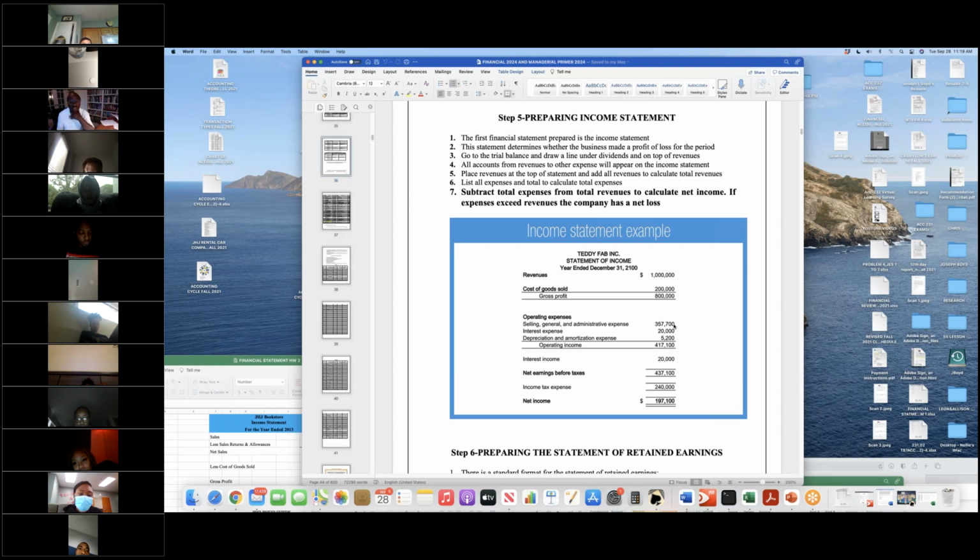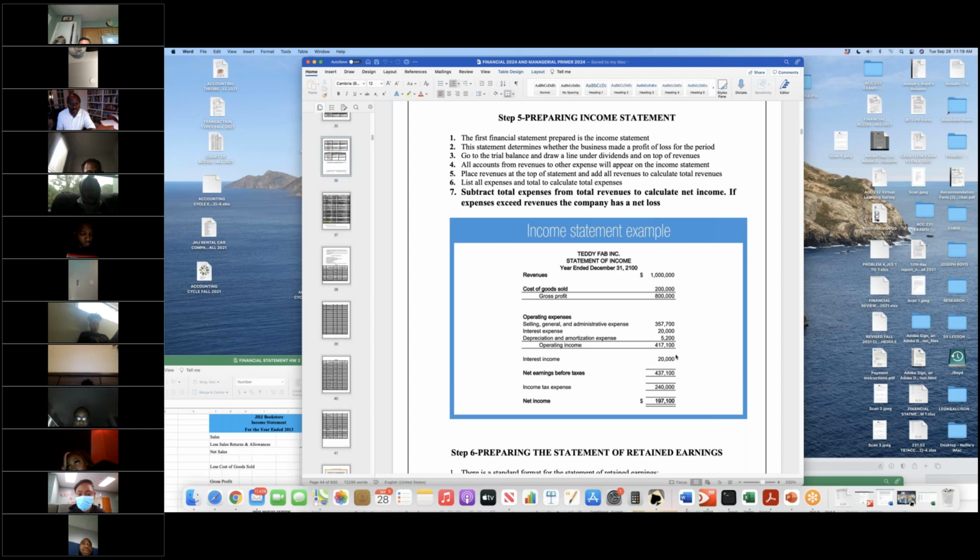Notice the format of a basic income statement: revenues, and we should have less the returns up in here, net revenues, then we subtract cost of goods sold, gross profit. We'll get into merchandising material after the break, but we haven't gotten that yet. So we just have the operating expenses and we're subtracting those.